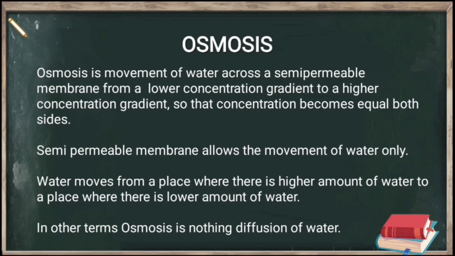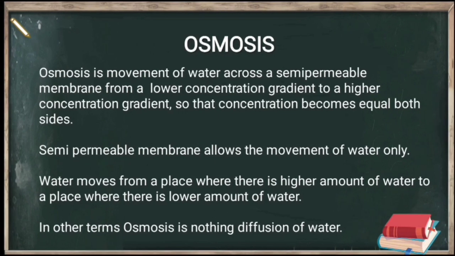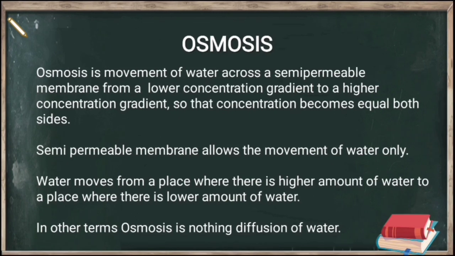Why does the water move? The water moves to maintain the concentration equally on both sides of the semi-permeable membrane. A solution with a higher concentration contains a high amount of solute and less amount of water.